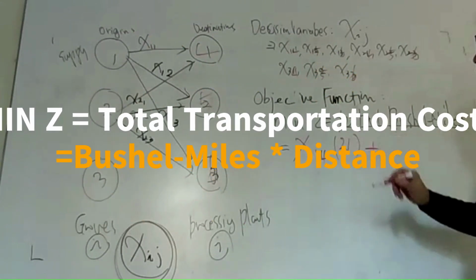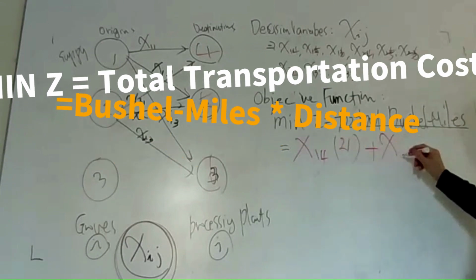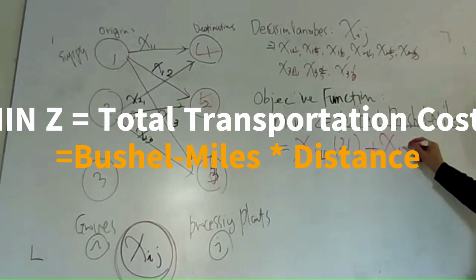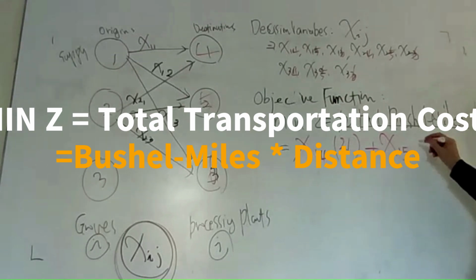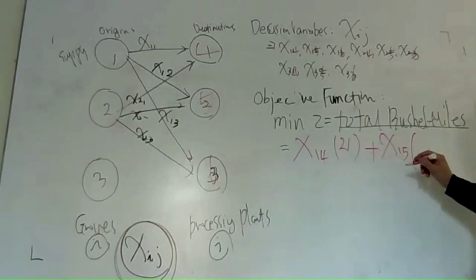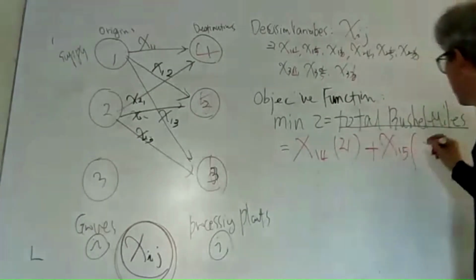If we decide to have an X number of bushels from Mount Dora to processing plant 5, then your distance is 650.